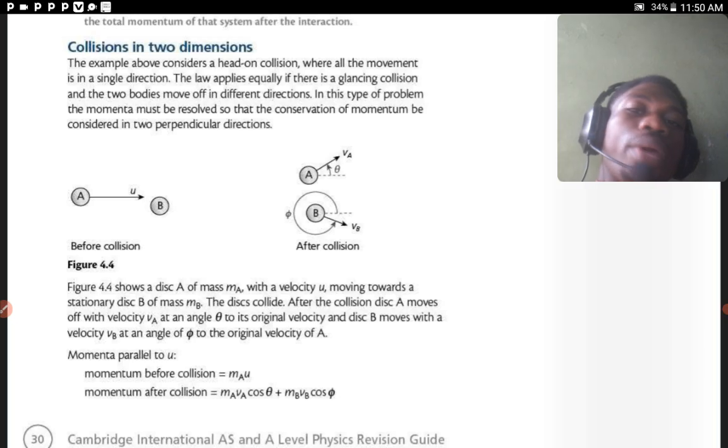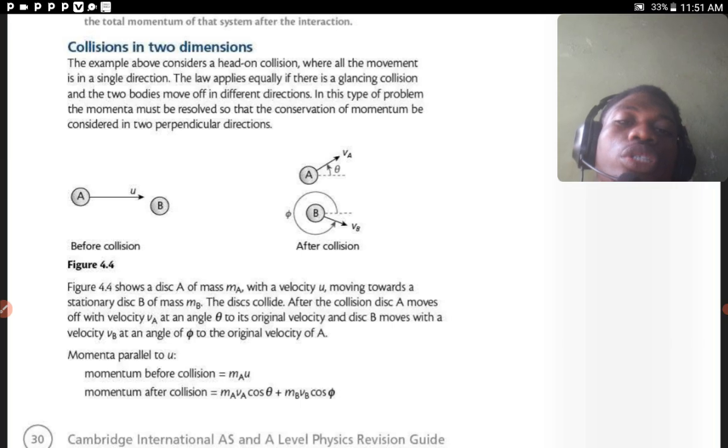So we apply the law equally if there is a glancing collision and the bodies move off in different directions. In this type of problem, the momenta, I'm calling it momenta because it's already plural, must be resolved so that the conservation of momentum is considered in two perpendicular directions.